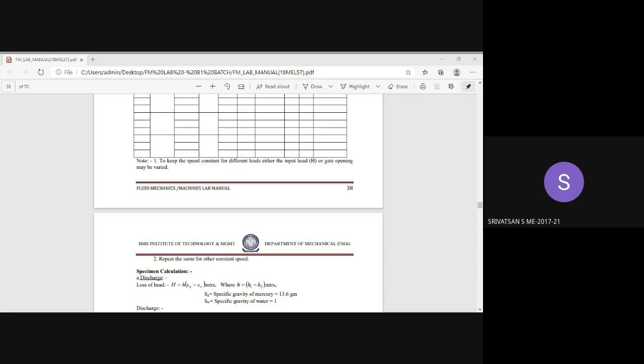Can you give H1, H2, sir? H1, H2 I directly give. H1, H2 is 0.5 for the first reading. Second trial is 0.5. And third trial is 0.2.